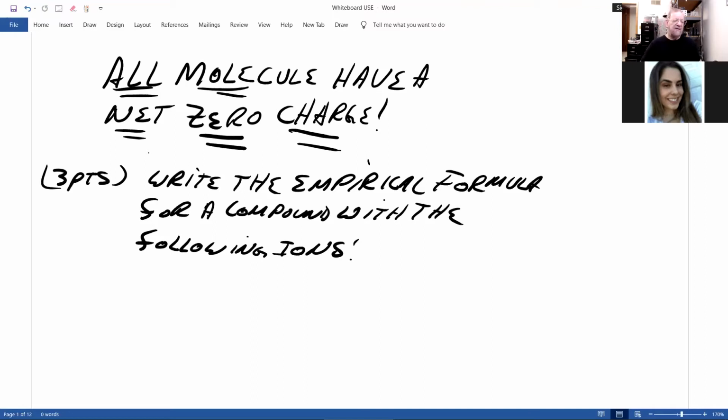In case you can't read my printing, let me decode it: write the empirical formula. Empirical means the simplest formula of elements and how many atoms of those elements in a compound with the following ions. And the important thing to remember is all molecules have a net zero charge.